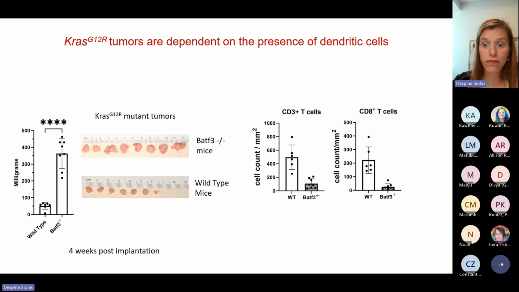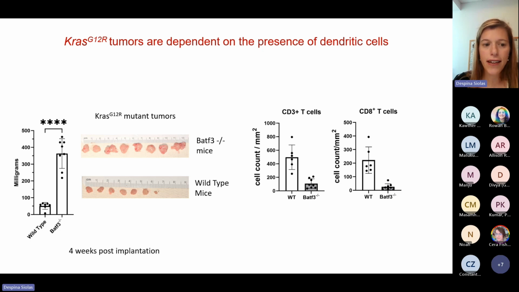So we wanted to explore this further. We also looked at dendritic cells. At the time, what we found was that if you put these cells in dendritic cell deficient mice, you get the same type of effects, meaning that the G12R tumors are accelerated in mice that lack dendritic cells.